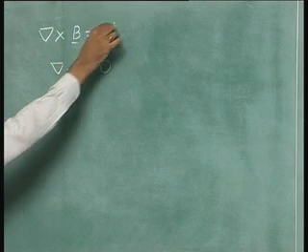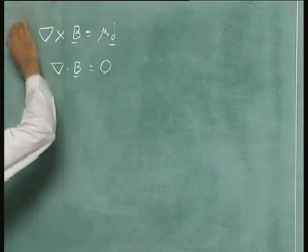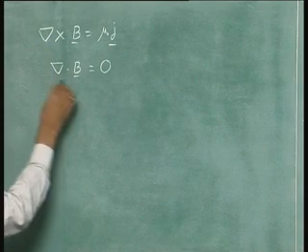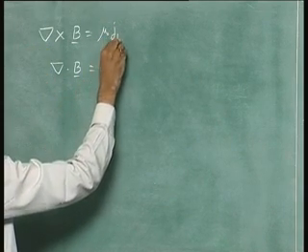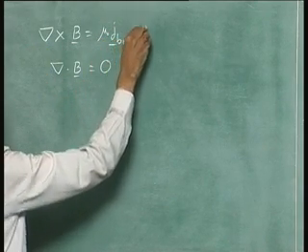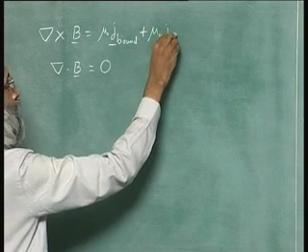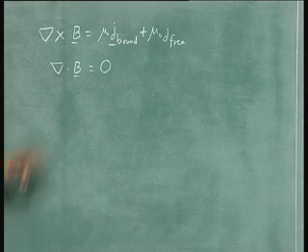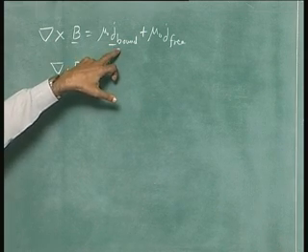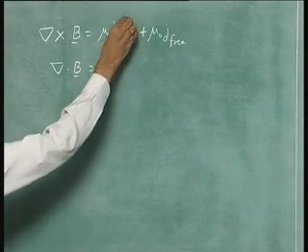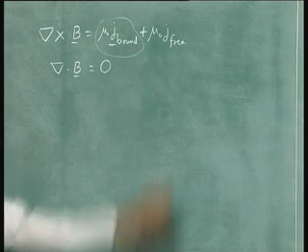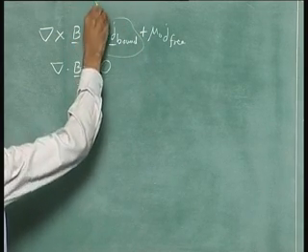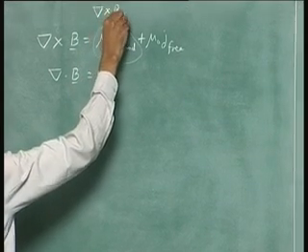Now, you take this equation and once again apply it to materials. This equation becomes mu naught J bound plus mu naught J free. And once again you can attach an implied field to this bound current, and you can say that this is equal to curl of B induced.